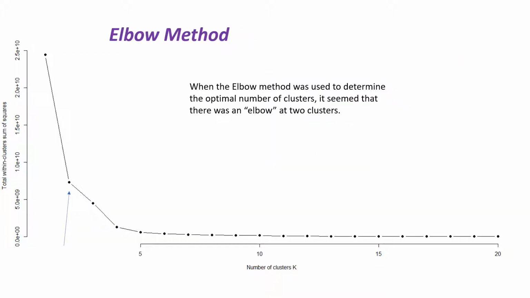There are many ways to determine the optimal number of clusters that best explains the Lending Club data. And one of the famous ones, or the most often used, would be the elbow method.